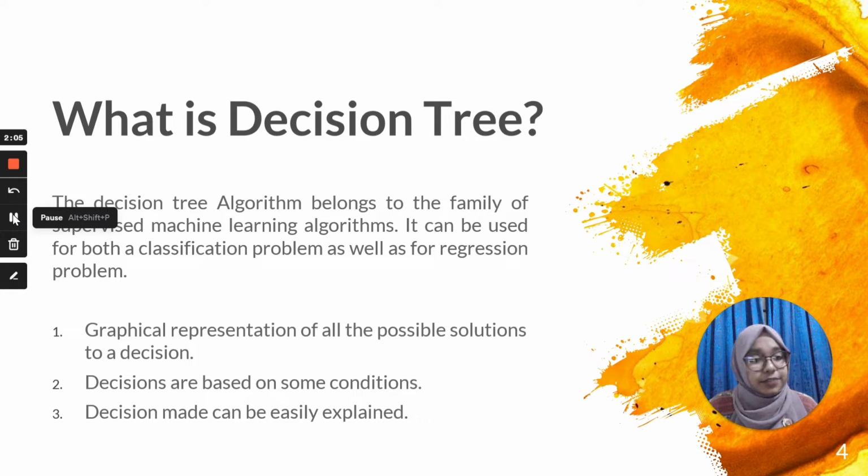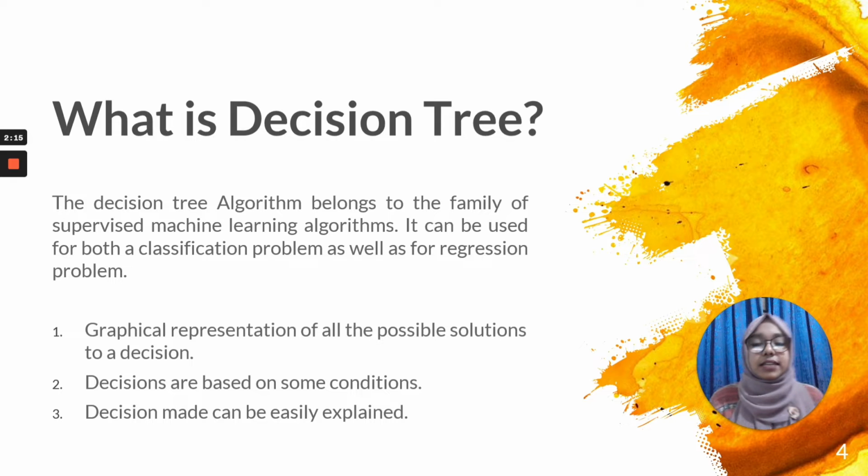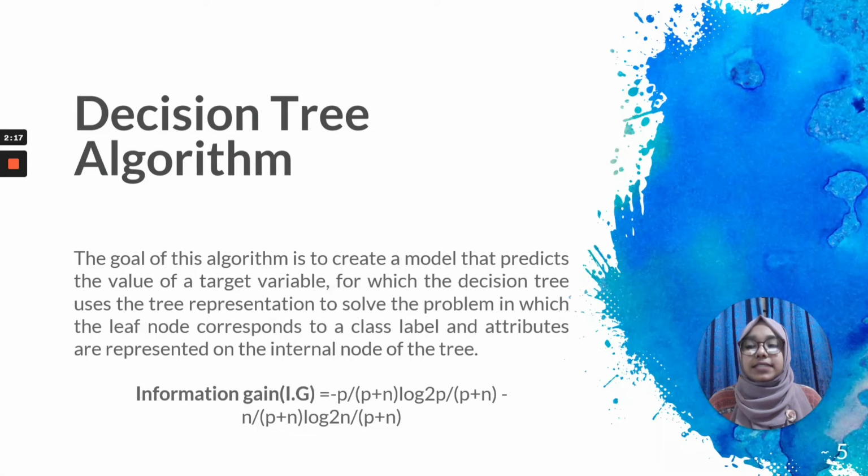Decision tree is a graphical representation of all possible solutions to a decision. To draw a decision tree, you have to find out the class attribute and target attribute from your dataset. Then calculate the information gain of the class attribute.